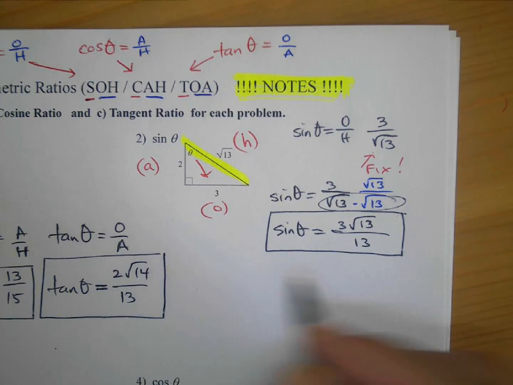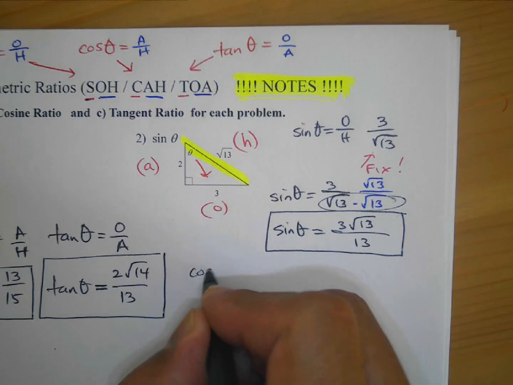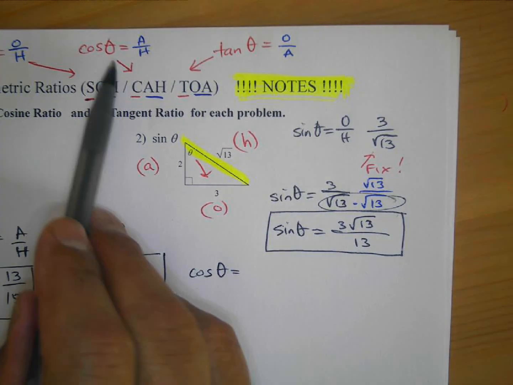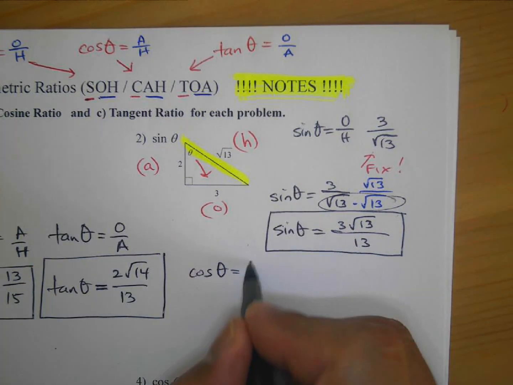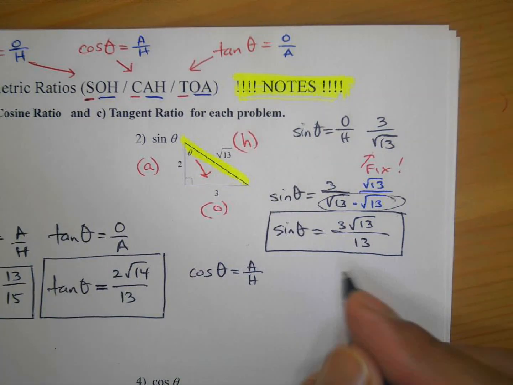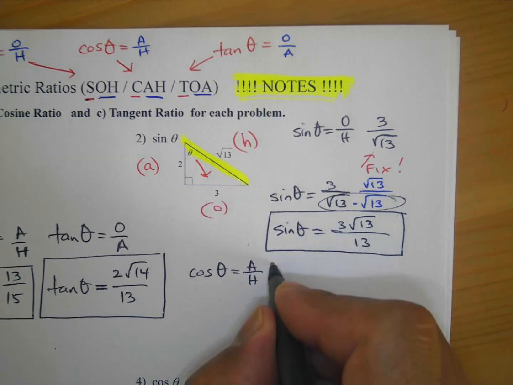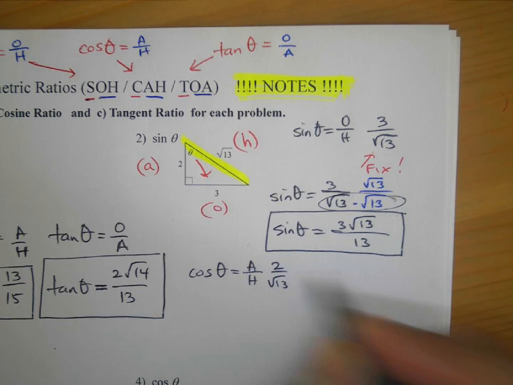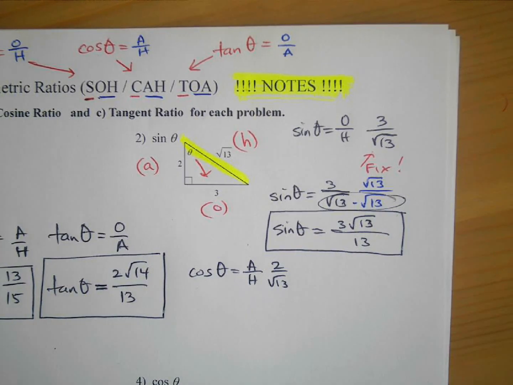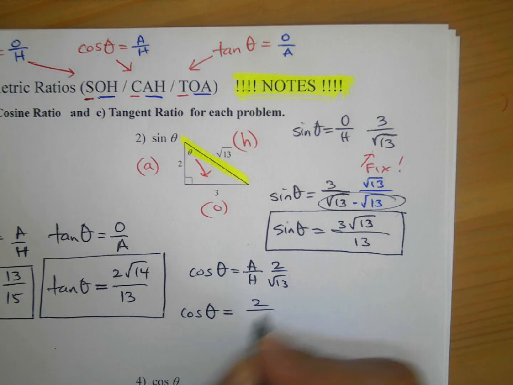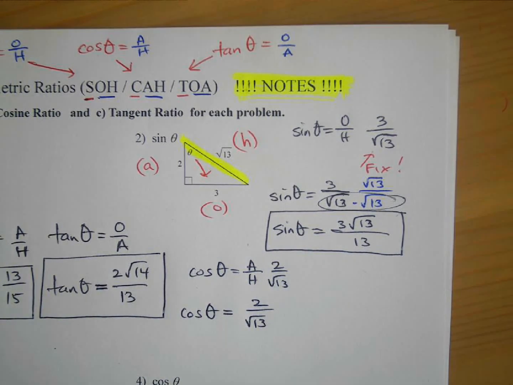Cosine, I think we're going to have to do the same thing. Cosine is CAH, A over H, which is going to be what? 2 over the square root of 13. Cannot have the radical in the denominator.